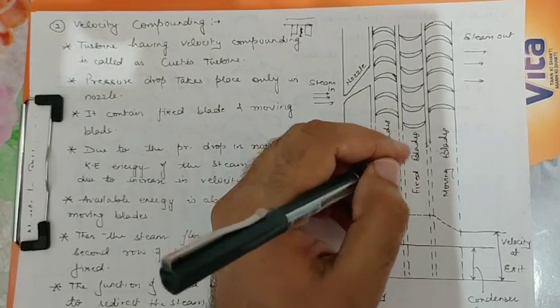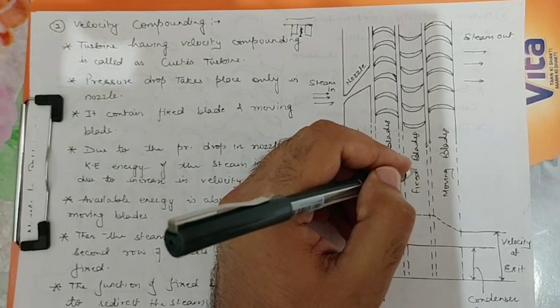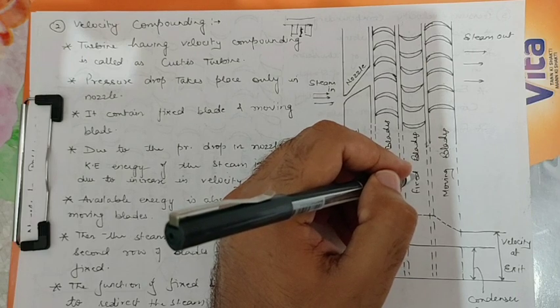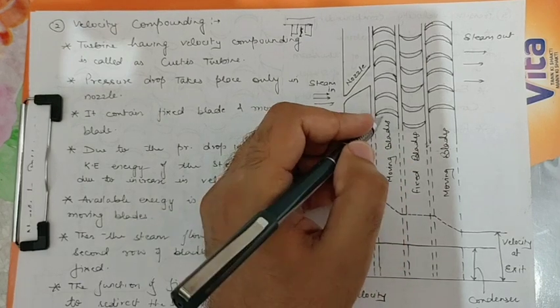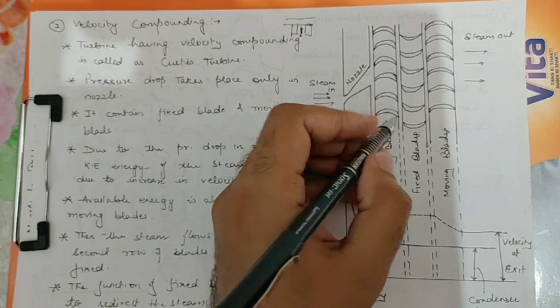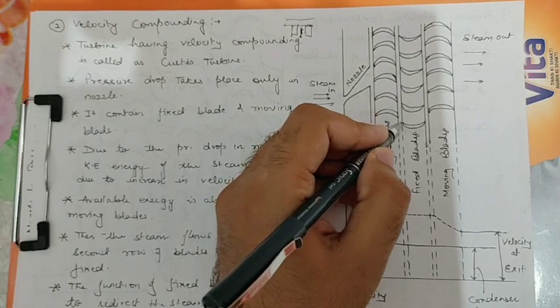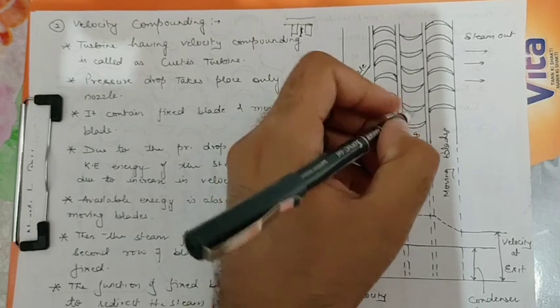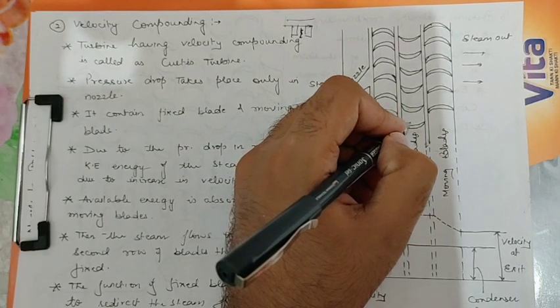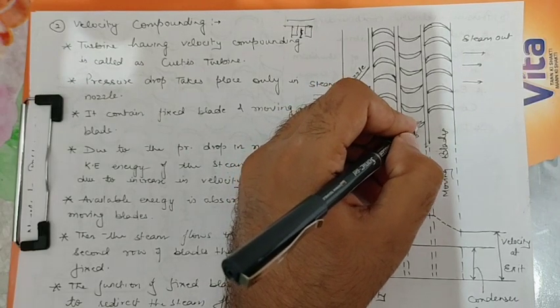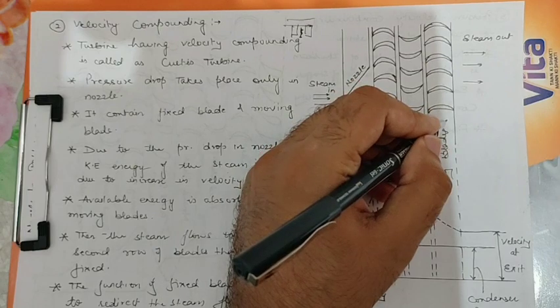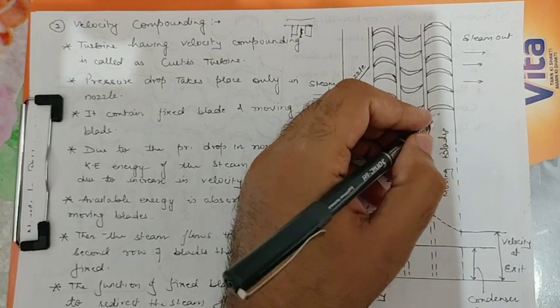This fixed blade is only used to redirect the steam leaving the first row of moving blade. The steam that is coming from the moving blade strikes the fixed blade, and this fixed blade again redirects the steam to another row of moving blade.